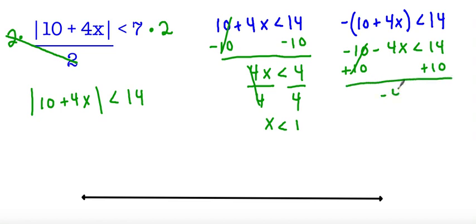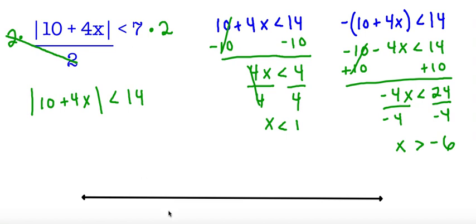And we have negative 4x is less than 24. And here we could divide both sides by negative 4. So x is greater than 24 divided by negative 4, which is negative 6. And don't forget to change the inequality because we are dividing by a negative.